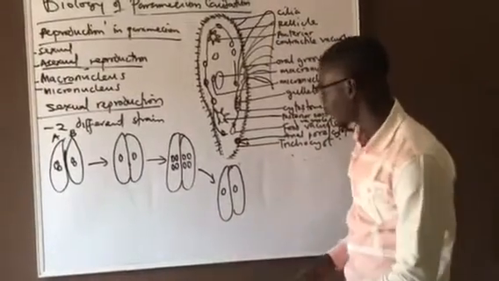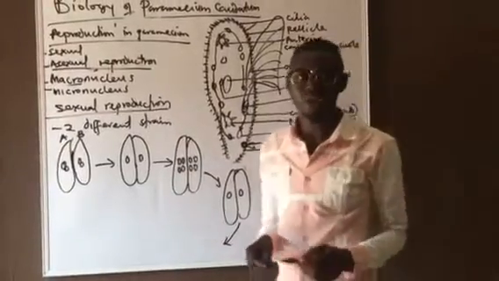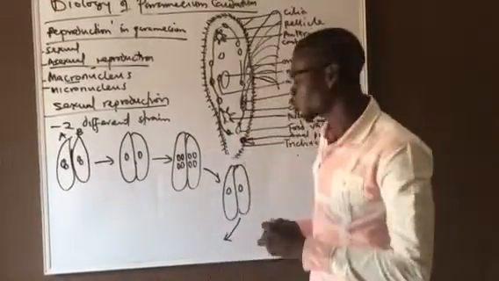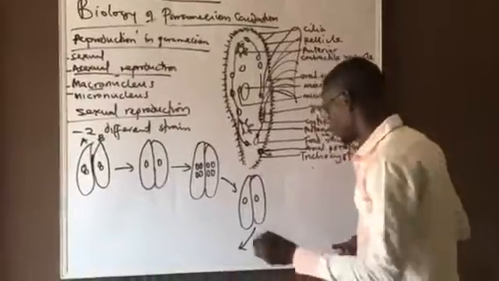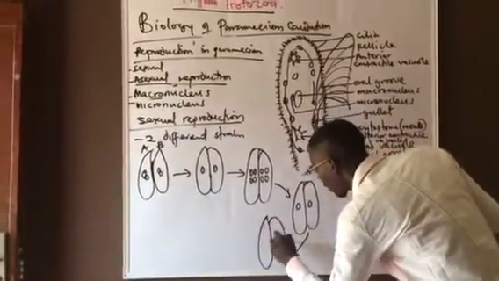So what happens to this one? It will carry out mitosis as well, mitotic division, to form 2 types of nuclei: the stationary nuclei and the migratory nuclei.